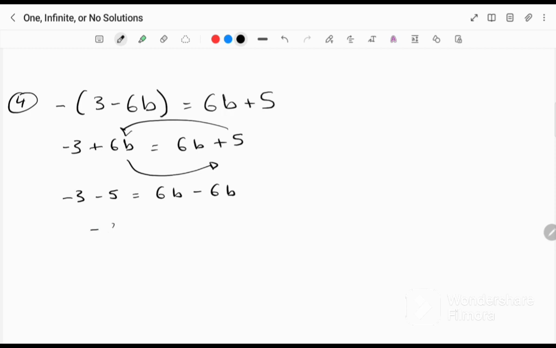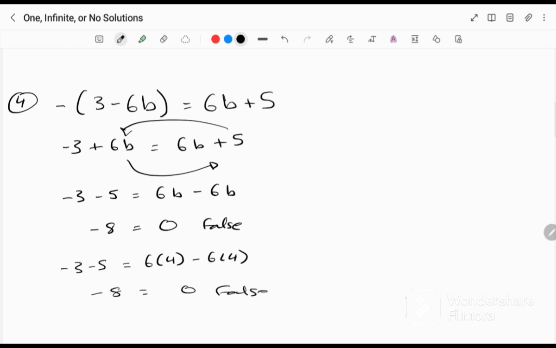We're left with negative 8 is equal to 0. We know this is not true, or this is false. For any value of b, my statement is going to be false. For example, if b was, let's say, 4, I would have 6 times 4 minus 6 times 4, which again will be 0, and this will be negative 8, which is false.